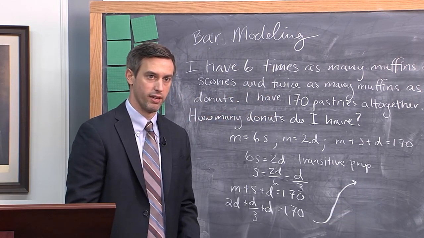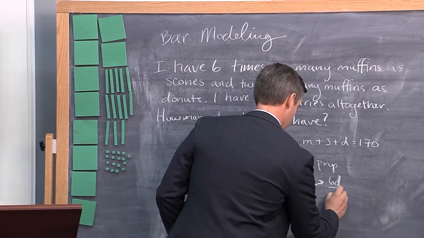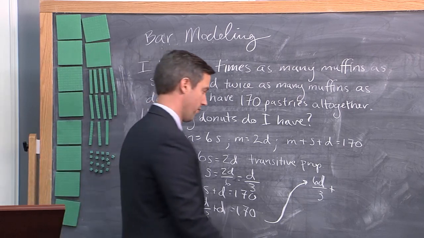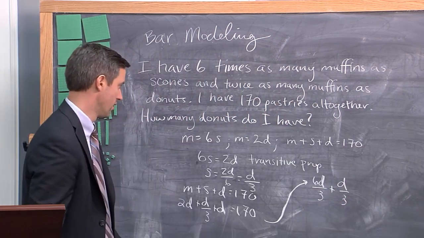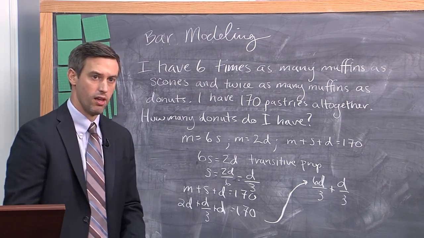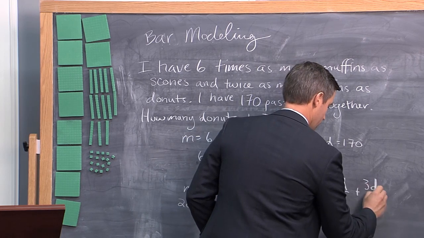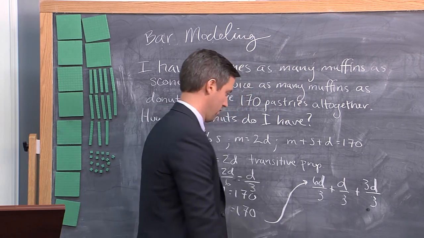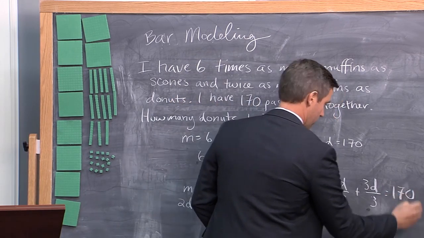So I'm going to do that right here. I have 6 donuts divided by 3 plus what we already have, donuts divided by 3, which was representing the scones, plus 3 donuts divided by 3, because 3 divided by 3 is 1, is equal to 170 pastries.